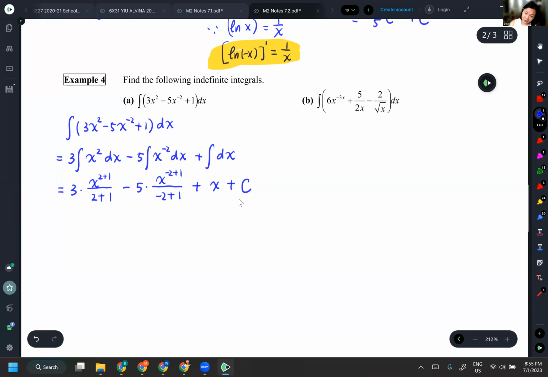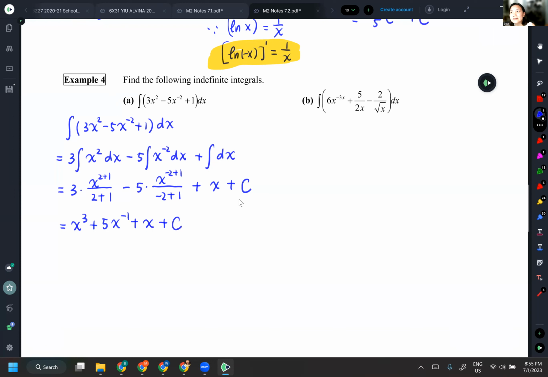Now C is a constant that can be anything. So 1 C is enough. Okay, and then you simplify. And then you're done.